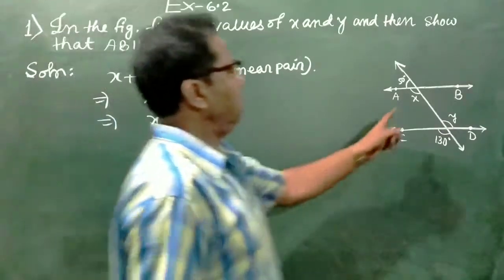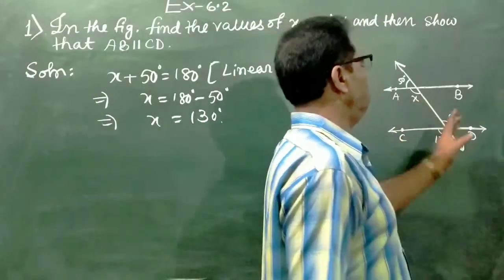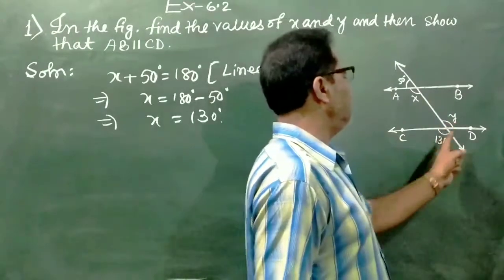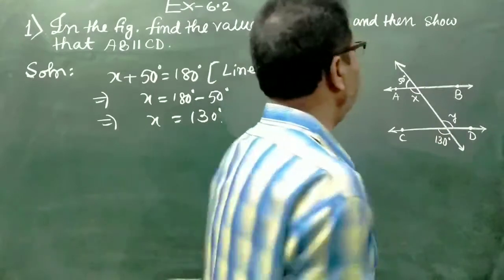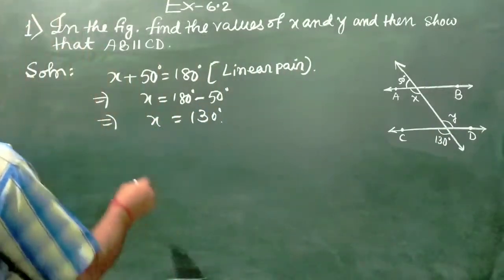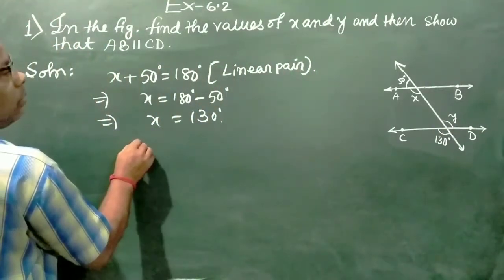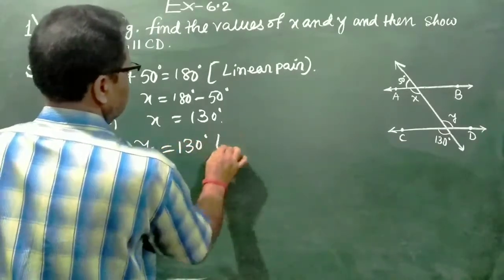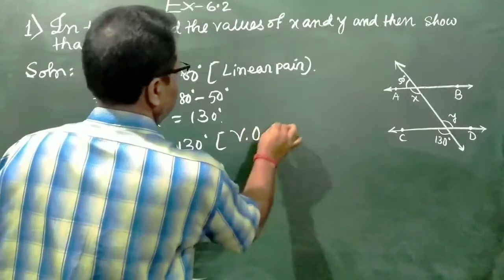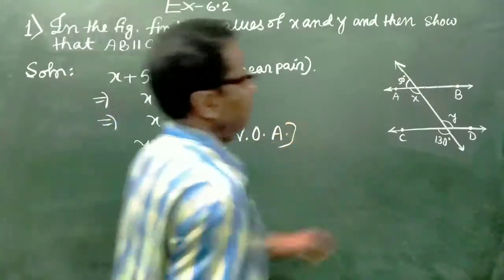Now x is ready. X and y, these two will be equal. Here y is equal to 130 degrees, because these are vertically opposite angles.